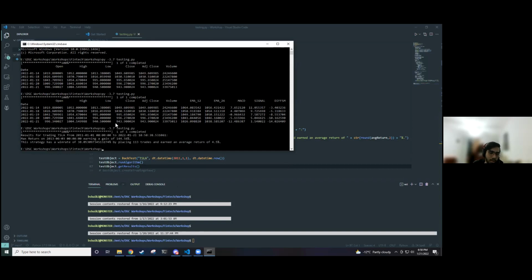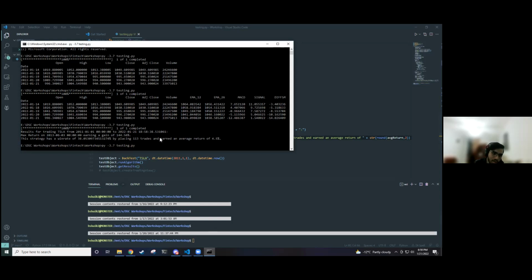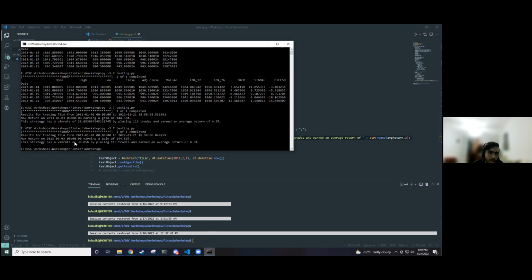As you can see, it started from 2011 to now, placed 113 trades, and has a win rate of 38 point some crazy accurate position. So let's just round it quickly to reduce the decimal points to two. And now it should be a much nicer rate. Yep. So you got a 38.05% win rate over 113 trades.